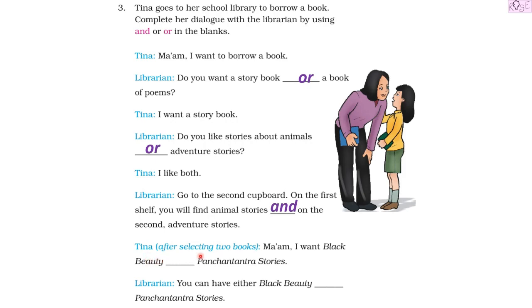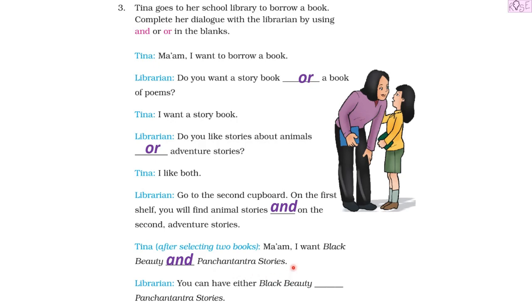Next, Tina, after selecting two books, says, ma'am, I want Black Beauty dash Panchtantra stories. Now, Tina is not giving any option to the librarian. She is saying that she wants to borrow both these books. So and will come. Ma'am, I want Black Beauty and Panchtantra stories.